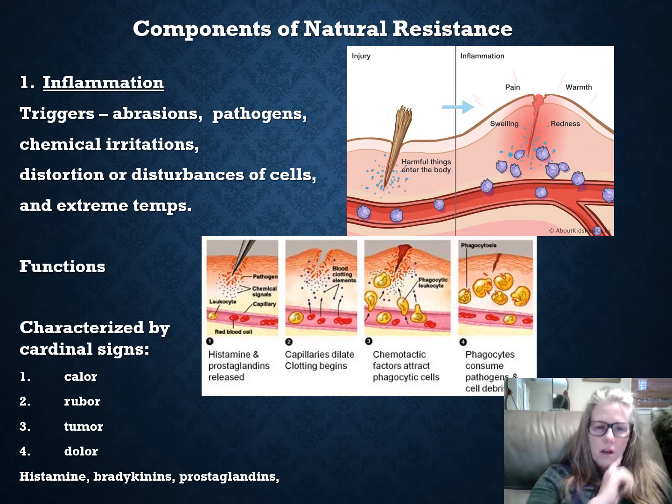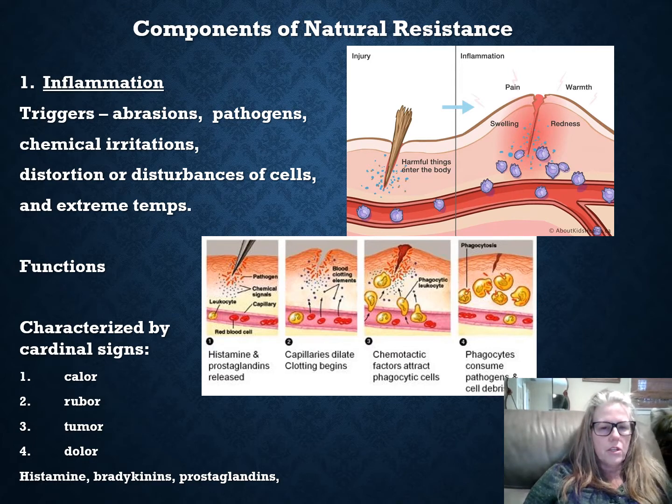Another function of inflammation is phagocyte mobilization. A phagocyte is a cell like a macrophage, and their job is to engulf and destroy dead and broken cells, but also pathogens. So the extra blood being brought into the area because of the inflammation also brings in phagocytes that will engulf and destroy pathogens.